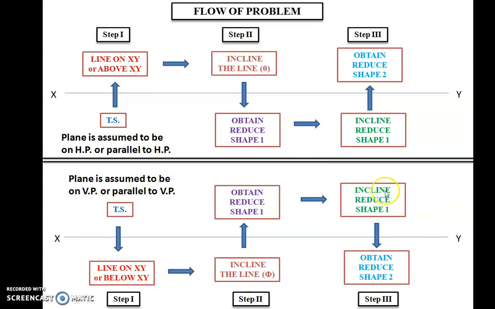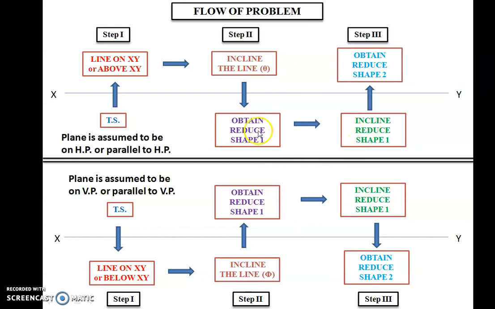Now here also, whatever the reduced shape you are inclining, the size of this reduced shape 1 and this reduced shape 1 will not change. Whatever the reduced shape 1 is obtained, you are just redrawing it again here by inclining at some given angle. So keep in mind that the mistake that generally happens here is a change in the shape.